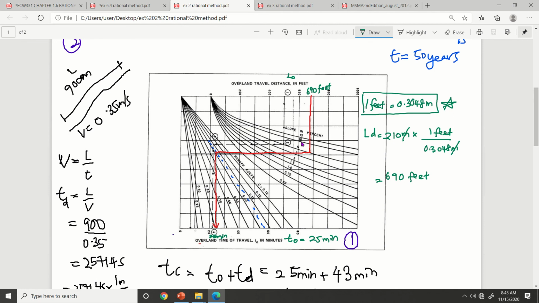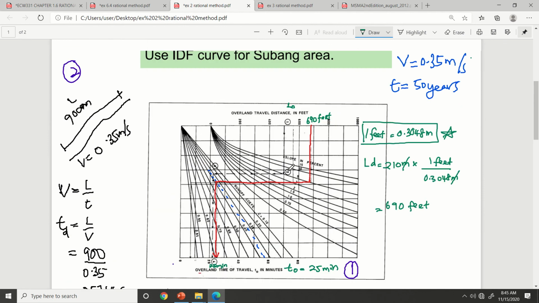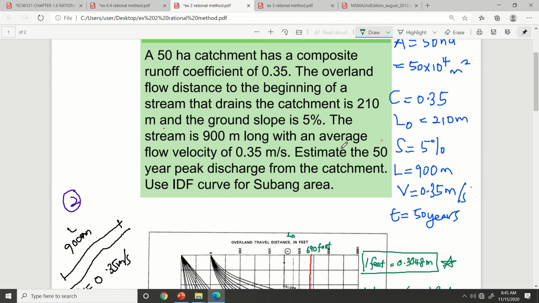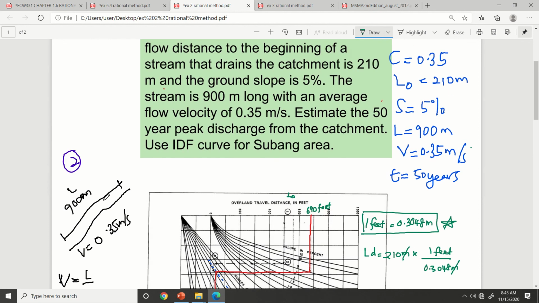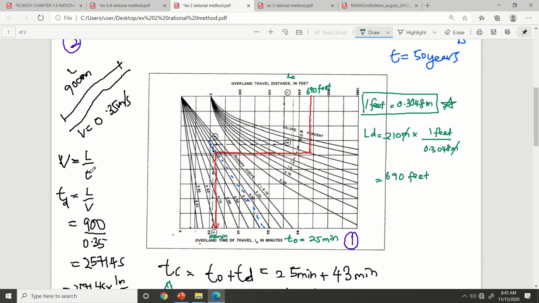Time naught is 25 minutes, and then we have to find TC to use the IDF curve. For the IDF curve, you have to use TC, not T naught or TD. TD is given in the question: length of stream is 900 meters and the velocity is 0.35. So convert, and then you get the time to drain.